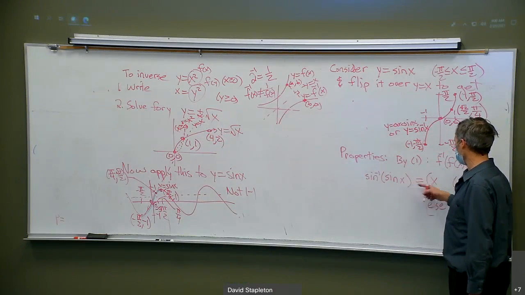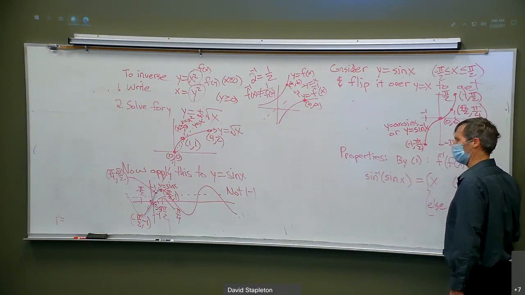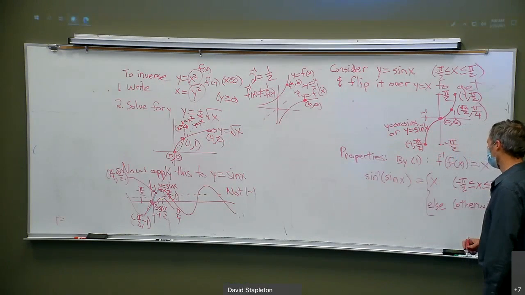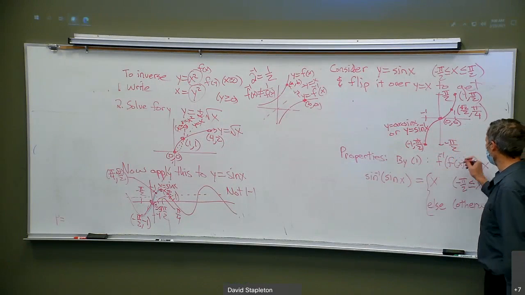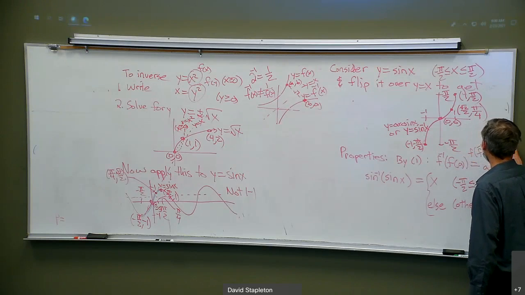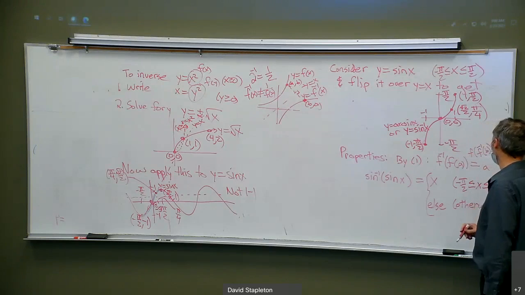There's a nice property. It undoes the sine function for this range of angles. That's very important, probably the most important range because it's close to 0. And also by equation 1, for any inverse function, f of f inverse of x also gives you x back. I guess we called it a here and b here, but you can call it x if you want to. Just a variable, right?